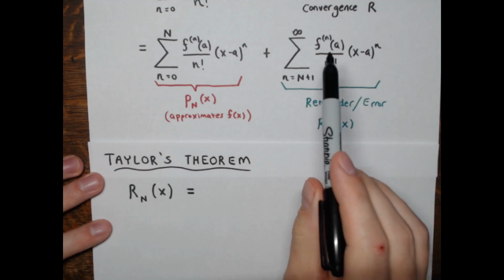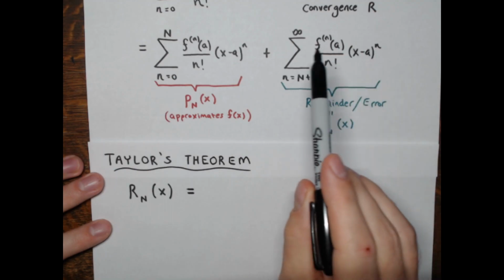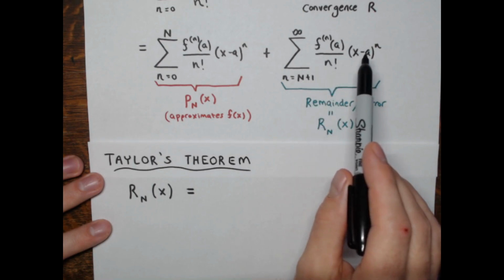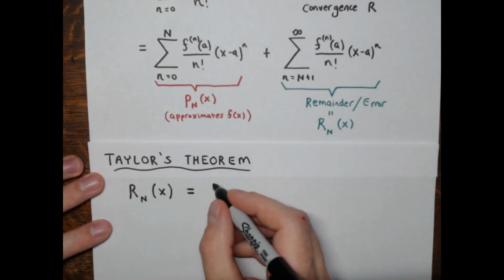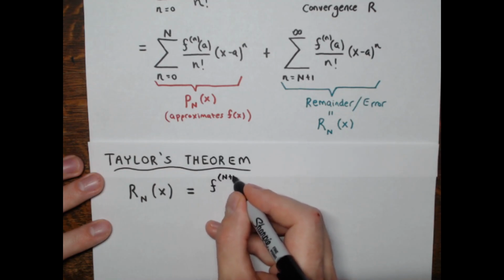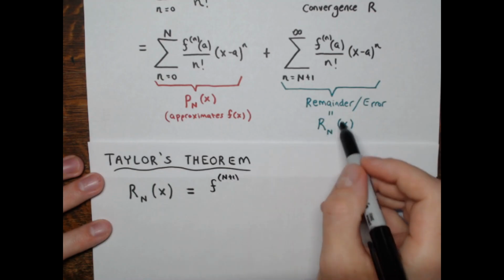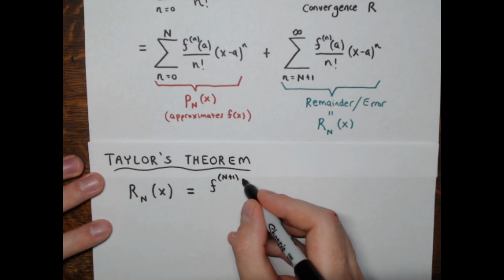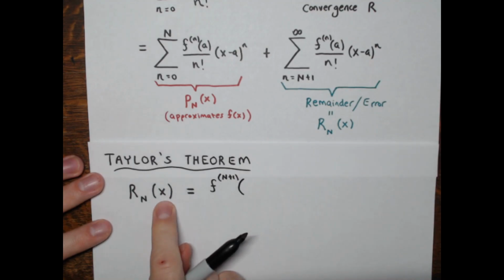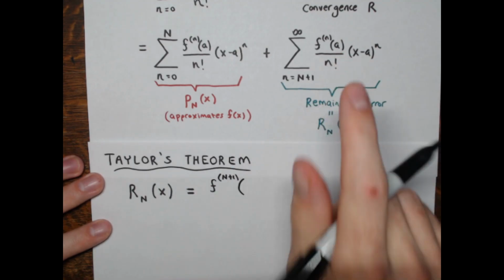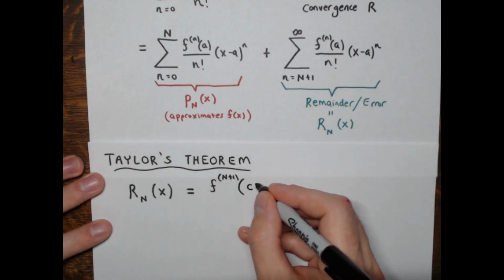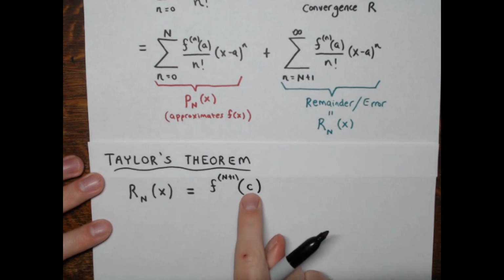Yeah, this is correct here too, right? This is initially the remainder. But this sum is actually going to be equal to the value of the capital N plus 1. Right, so that's like having the first term here, the n plus first derivative, but not at a. It could be at x or at a, but at c, really. Now, they put the letter c here.